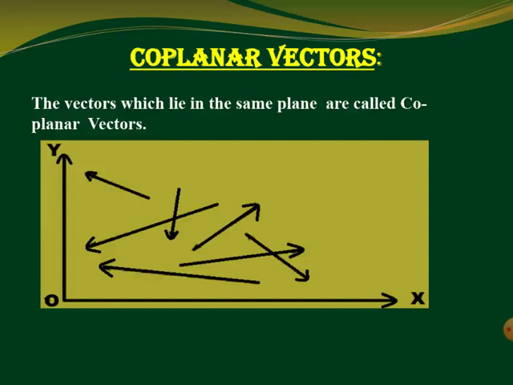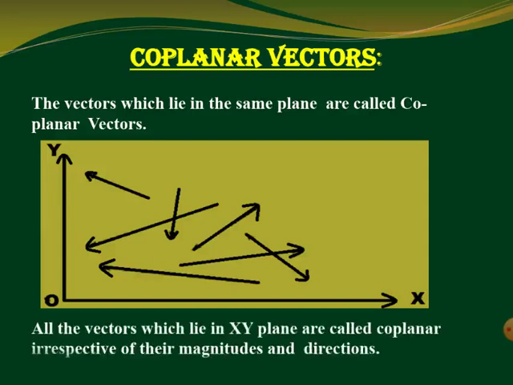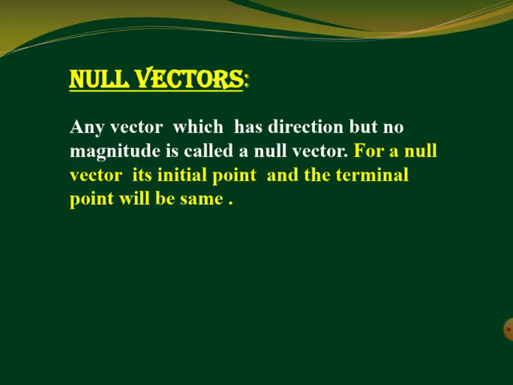As long as these vectors lie on the same plane, they are known as coplanar vectors, irrespective of their magnitude and direction. The only thing is that they should lie on the same plane. Got it?